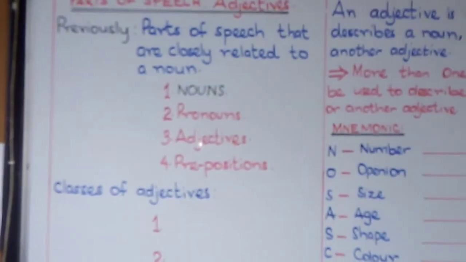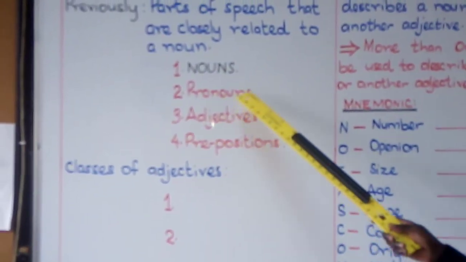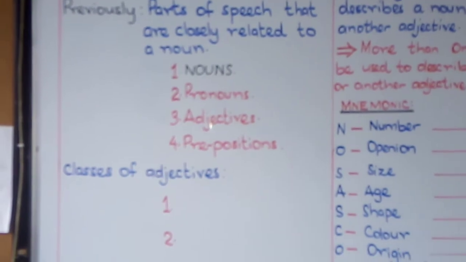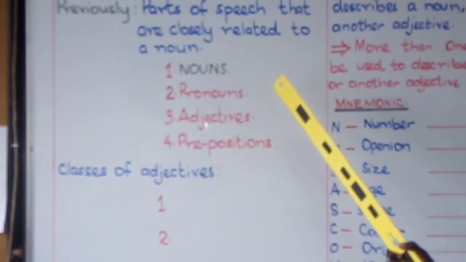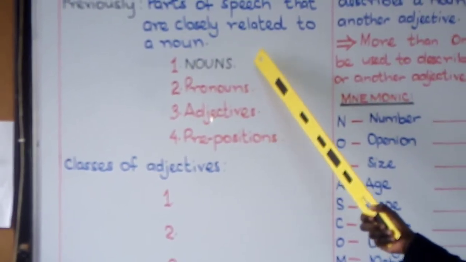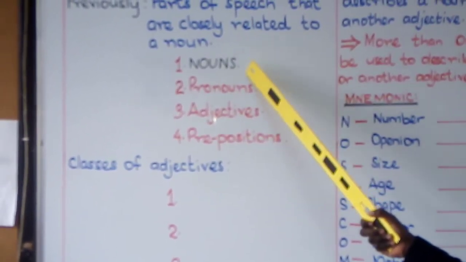If you can remember very well, a noun is a name. Any name is a noun. Other books describe it as a naming word.